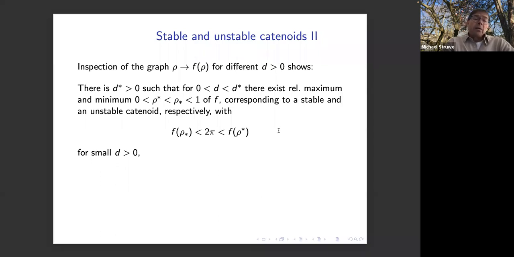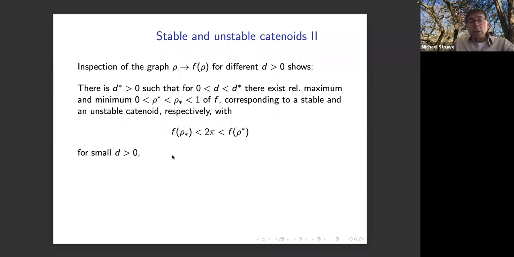And the energies are as follows. The energy of the stable catenoid for the conformal parameter rho lower star is strictly below 2 pi, and the energy of the unstable one is strictly above. So this is the relative max, that's the relative min, at least when the separation distance is small.